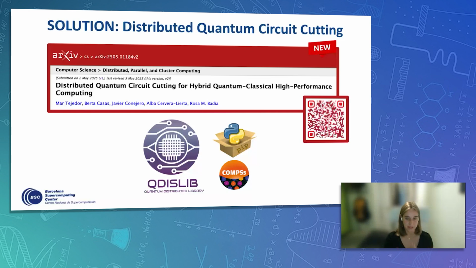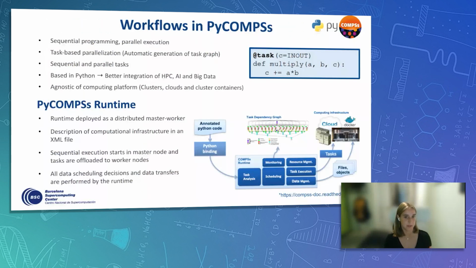Before getting into detail in the theory, I'm going to explain what PyCOMPSs is and what we do in workflows with PyCOMPSs. Basically, PyCOMPSs is sequential programming with parallel execution. It allows us to define functions as a task, as we see in the example. When we define a function as a task, we're telling the computer that this function can run in parallel every time it is called.